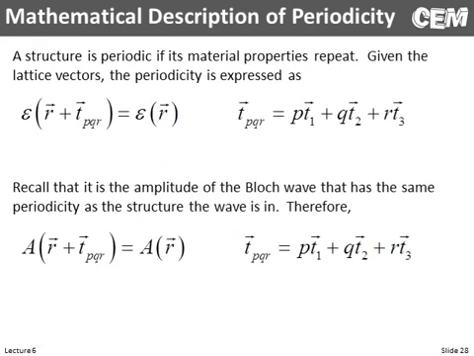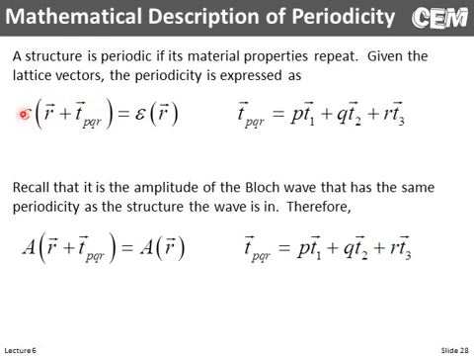So if a device is periodic, we can look at its dielectric constant, where r is position. We can add to that any lattice vector, not necessarily primitive, it can be anything. This vector is going to take us from one sphere to any other sphere.